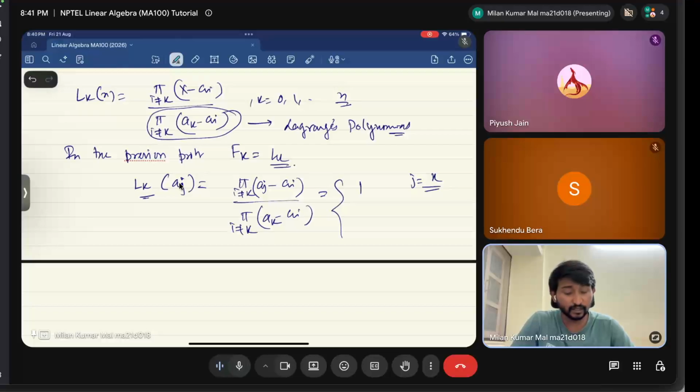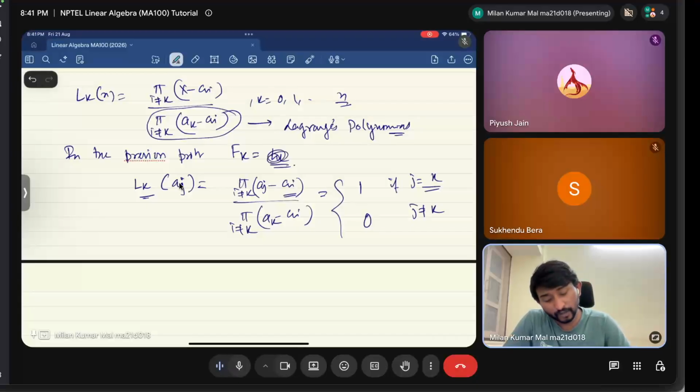I hope this is very clear. If j is not equal to k, then aj is something other than ak, but i is running over all the indices except k. That means ai will sometimes be exactly aj, and in that situation the product will be 0.